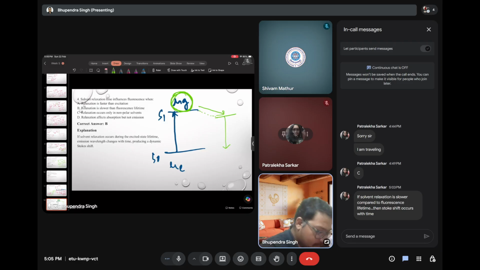So let's say the solvent relaxation time is much higher, a very viscous solution. The emission might come from here. Let's say it was in glycerol. Now it is in water, so viscosity is less and the solvent relaxation time is also less. So now the molecule will reach, let's say, till here and emit from here.